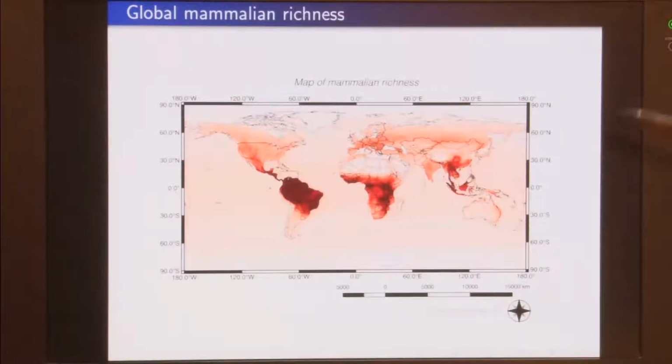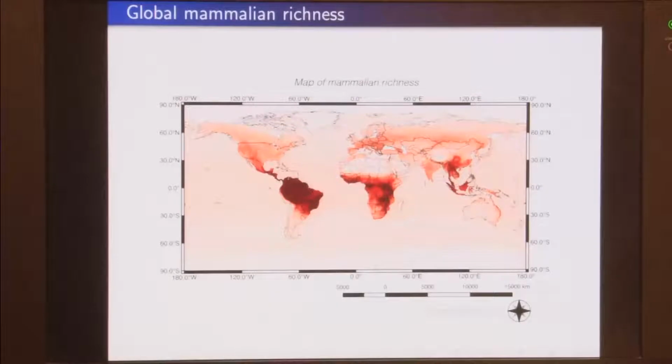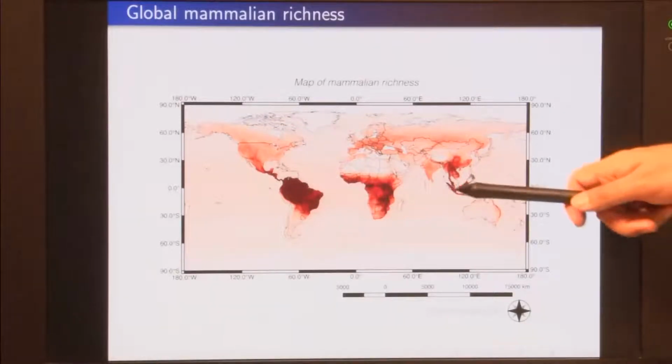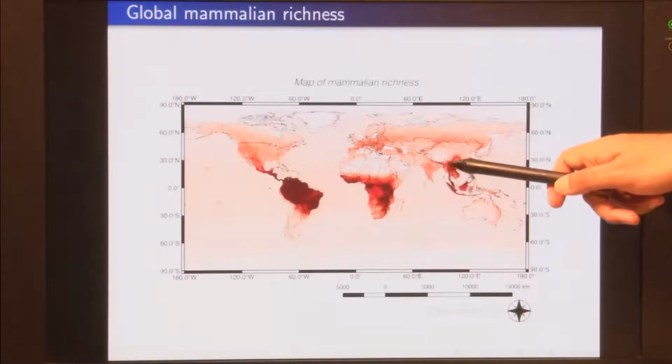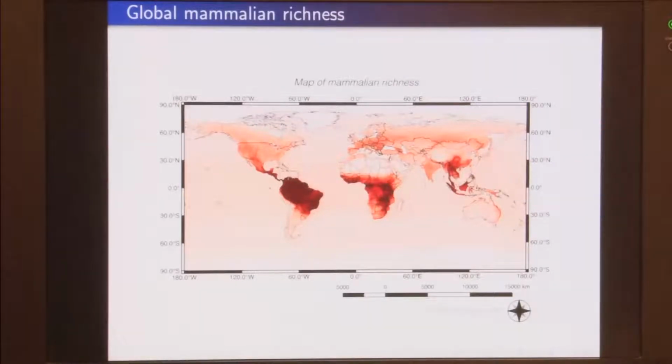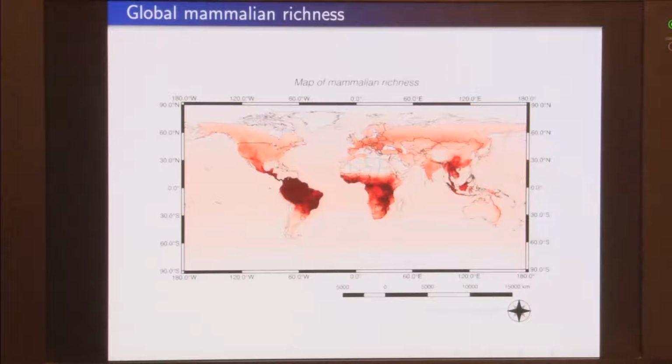Here we can see that our equatorial rainforests have a very high level of mammalian richness, and in the case of India we can see that these terai areas, which are the confluence of our Indo-Gangetic plains and the Himalayas, have a higher level of species richness for mammals.